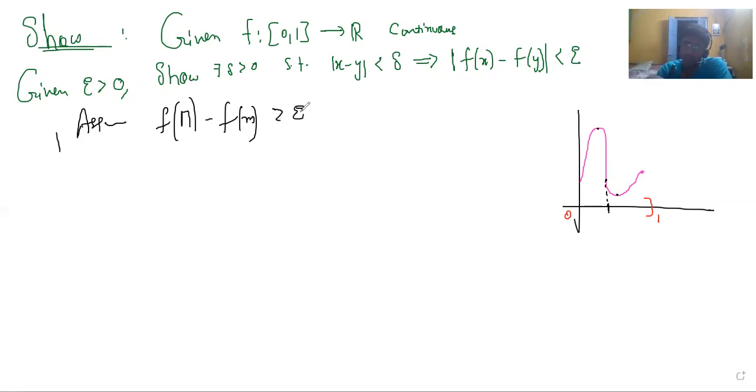Then you divide the interval by half, and we assume that half also does not work. Half also not working means that in at least one of the subintervals, the difference between the maximum and minimum is more than epsilon.